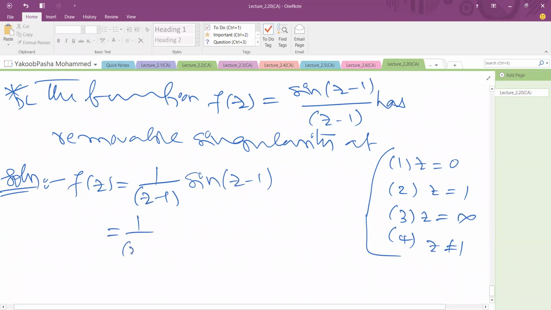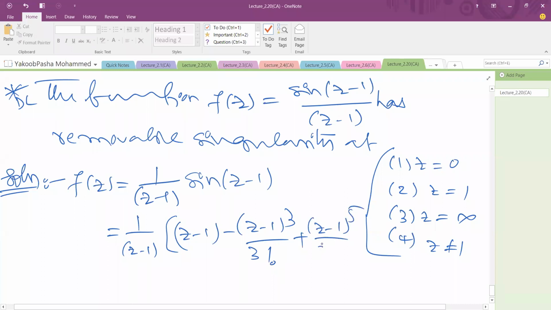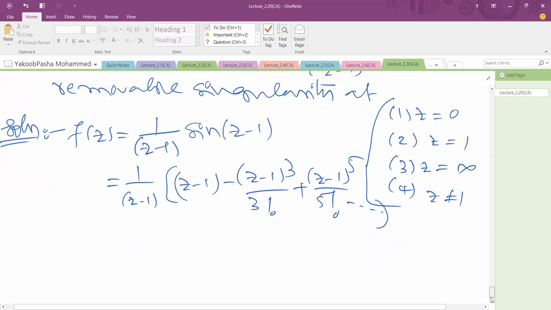So this is equal to z minus 1 minus (z minus 1) whole cube by 3 factorial plus (z minus 1) to the power of 5 by 5 factorial minus and so on. Multiplying with 1 by z minus 1, we get the first term 1, second term (z minus 1) whole square by 3 factorial plus (z minus 1) to the power 4 by 5 factorial minus and so on.